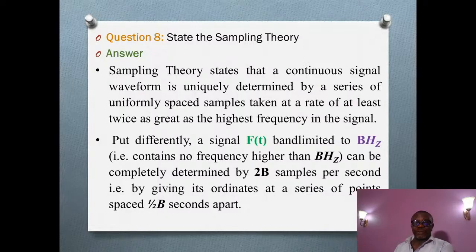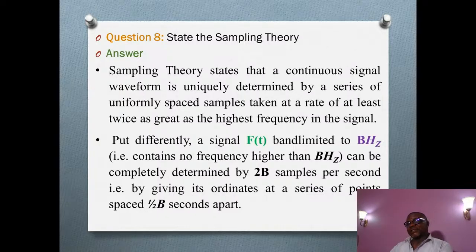Remember what B is: B is the highest frequency in that signal. That is why we say that it is band limited to B. Anything higher than B is not considered. So if you sample at 2 times that frequency, you will be able to recover your signal very well.